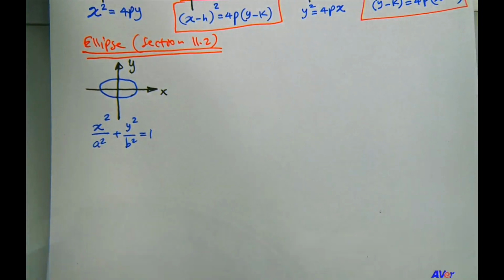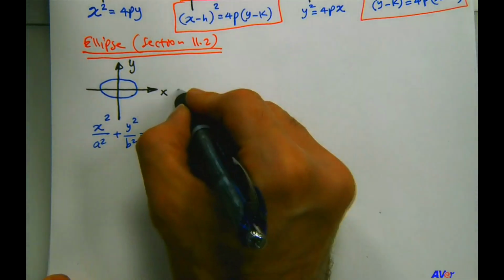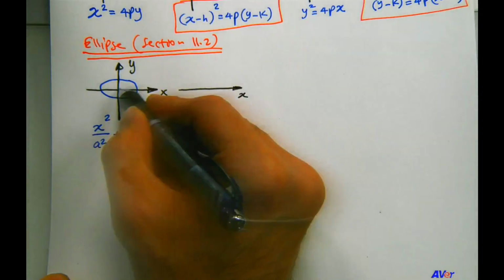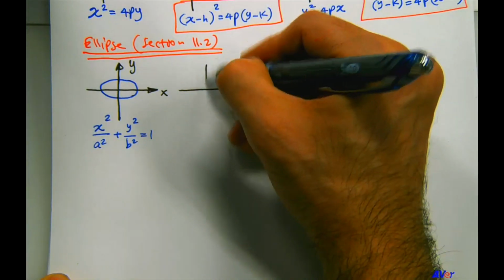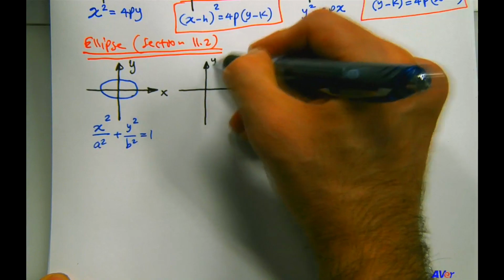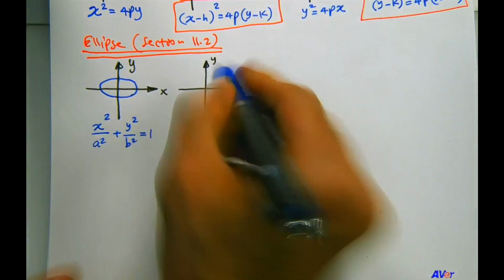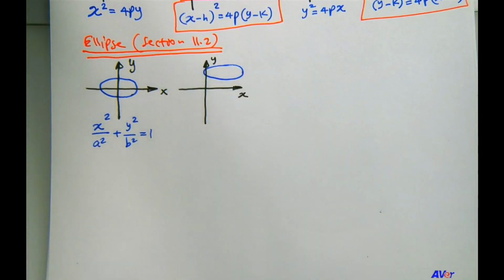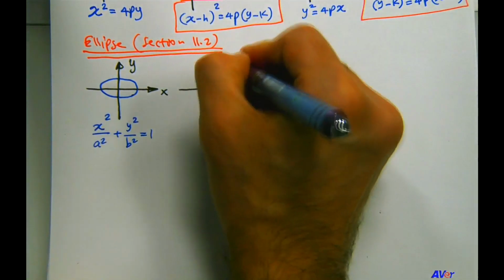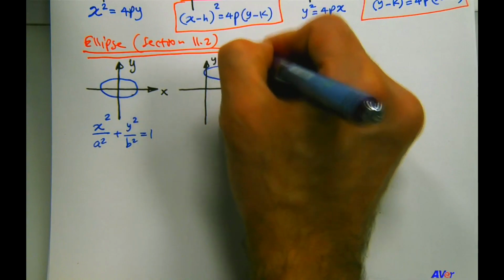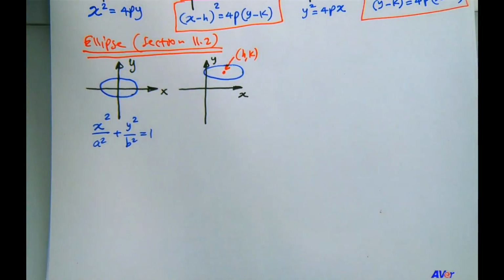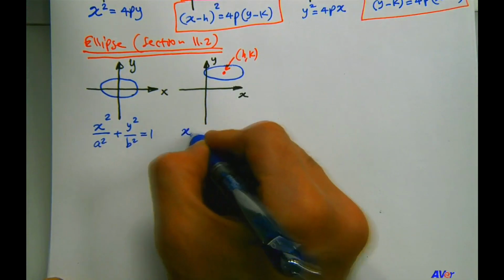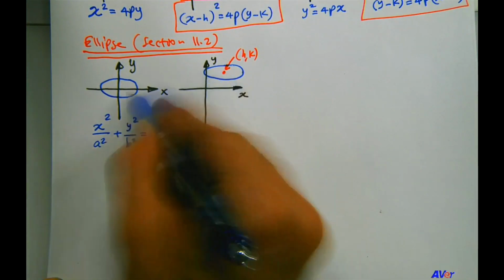And then we transition to what happens when the center is no longer at the origin. So suppose our ellipse was somewhere up here, and it had a center like that, h comma k, then this formula adjusts accordingly. So we'd have, this is still a horizontal ellipse, right?